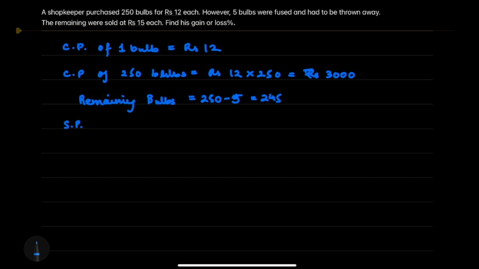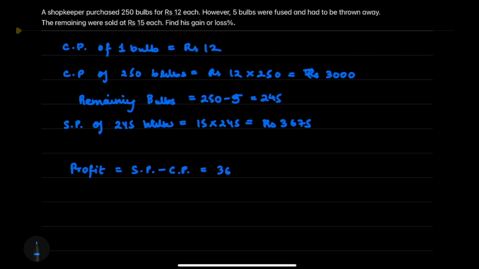So the whole selling price of 245 bulbs, 15 into 245, comes out to be rupees 3,675. So the selling price is greater than the cost price. So the shopkeeper incurred a profit. So the profit can be calculated as selling price minus cost price, which comes out to be 3,675 minus 3,000, which comes out to be rupees 675.